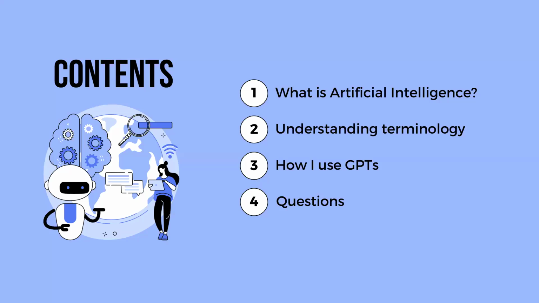The purpose of this presentation is to help improve your understanding of AI and how it works. This way, we will have a better idea how to use it and a better understanding of what it can and cannot do. So I will break this presentation into 4 parts.